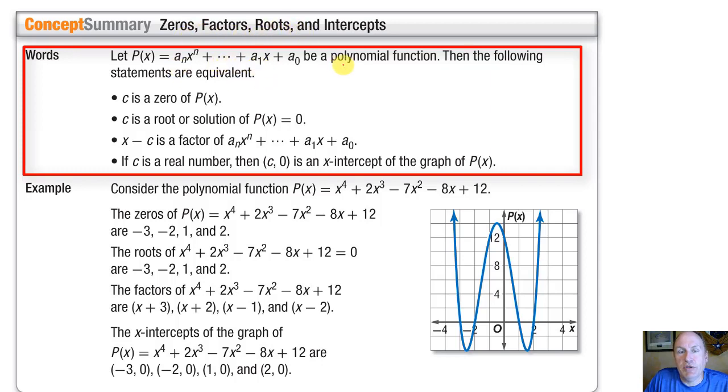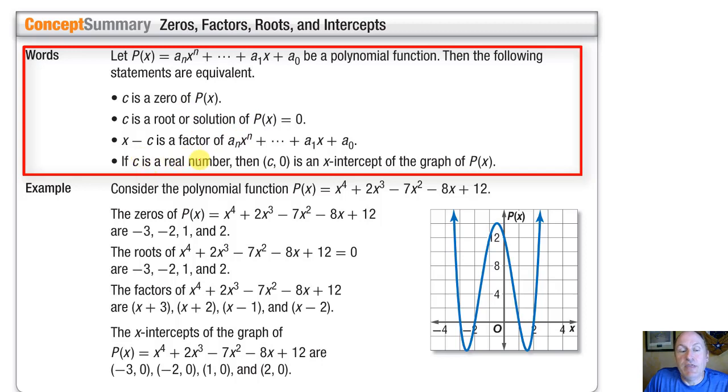So if I have a polynomial function, and I say that some number c is a zero of that polynomial, that is equivalent to saying that that number c is a root or a solution of the equation the polynomial equals 0. That is also the same as saying that x minus c, if x is our variable, is a factor of the polynomial because it is a zero and it is a root or solution.